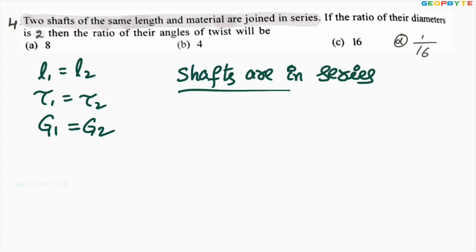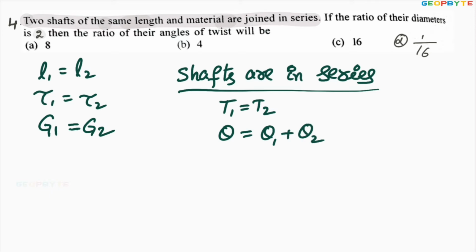Remember, my dear friends, for the series arrangement of the shafts, the condition is torque for the first shaft equal to torque for the second shaft. But the total angle of twist theta equal to theta 1 plus theta 2. The arrangement may be like this.